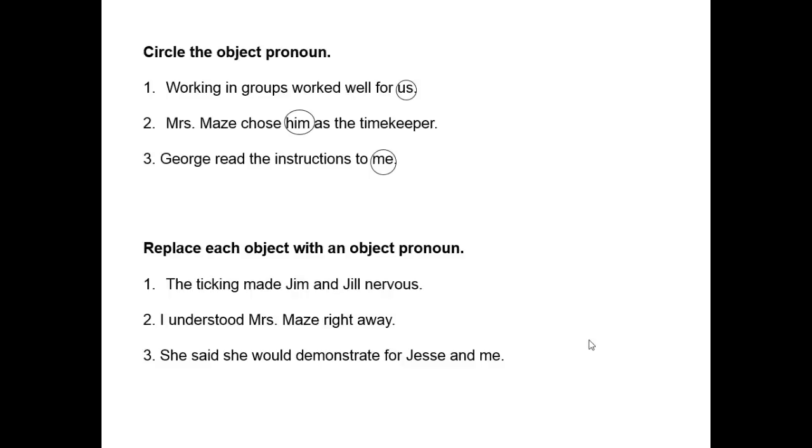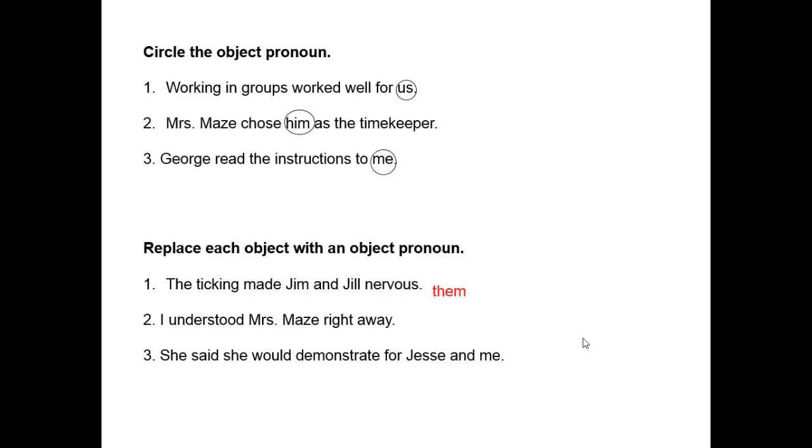Now let's replace each object with an object pronoun. The ticking made Jim and Jill nervous. Let's replace Jim and Jill with a pronoun. We could say the ticking made them nervous. I understood Mrs. Mays right away.